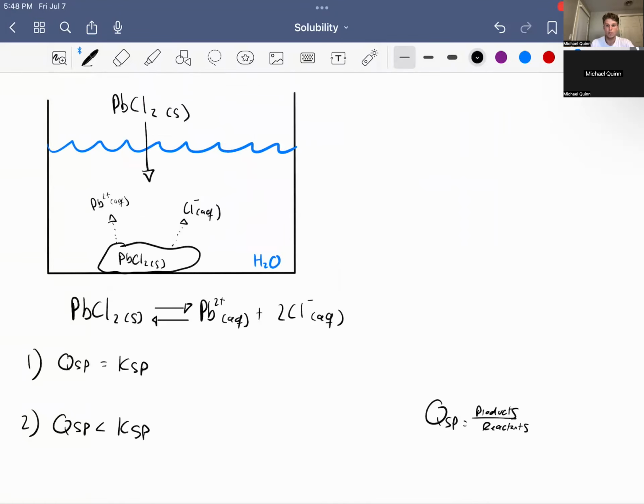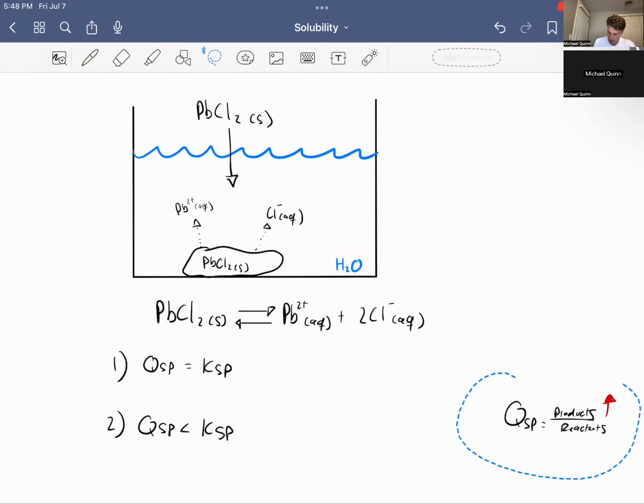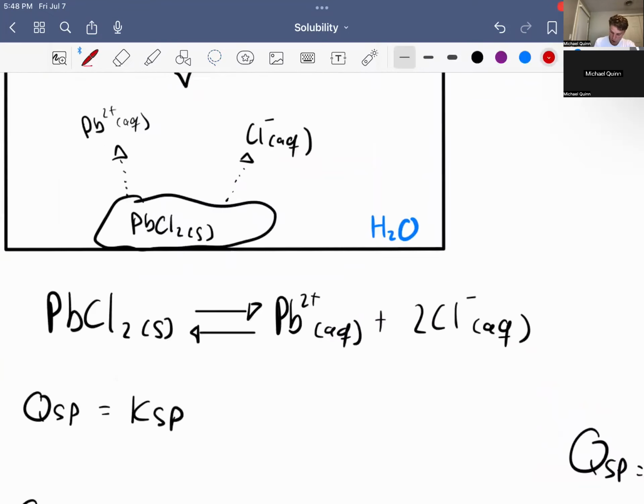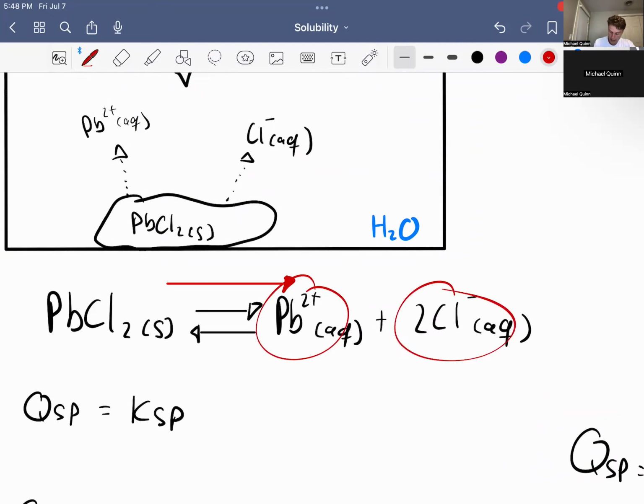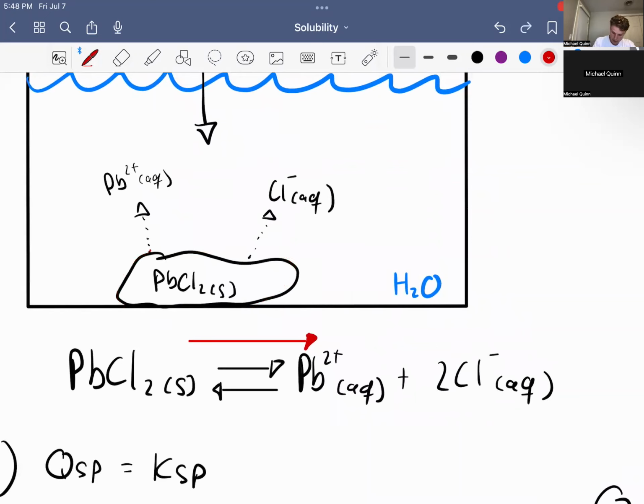So in order to make Q bigger, we would need to increase the concentration of our products. So in order to increase the concentration of our products, we would need to shift this reaction to the right. In other words, focus on running this reaction in the forward direction to make more lead and chloride ions. So this solid should start dissolving some more lead and chloride.